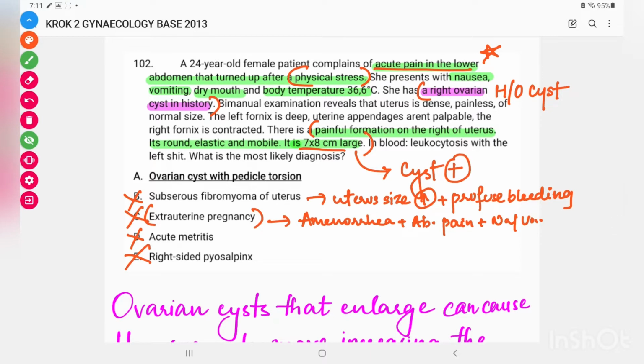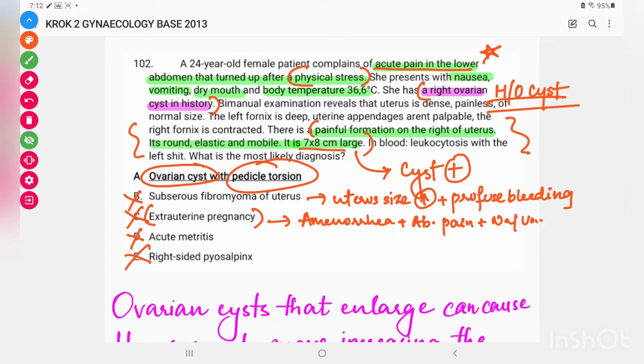And finally last is ovarian cyst with pedicle torsion. So obviously ovarian cyst is there. She already has a history of ovarian cyst, and again from ultrasonography we are finding cyst. See, when the ovarian cyst is really huge, it has the capacity to cause pedicle torsion of the ovaries. Because of this the ovary has undergone torsion.